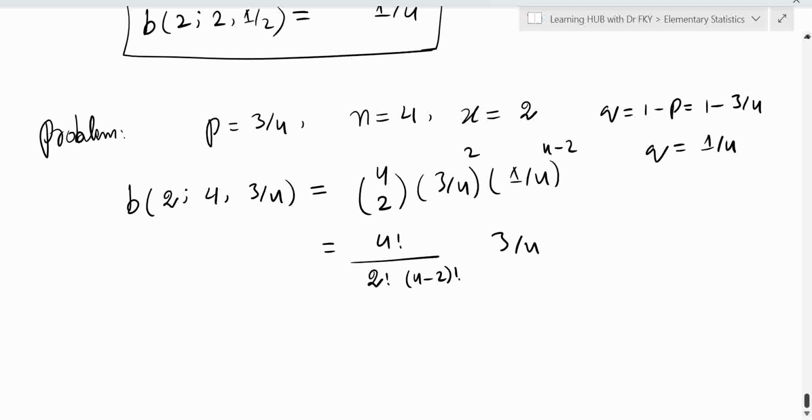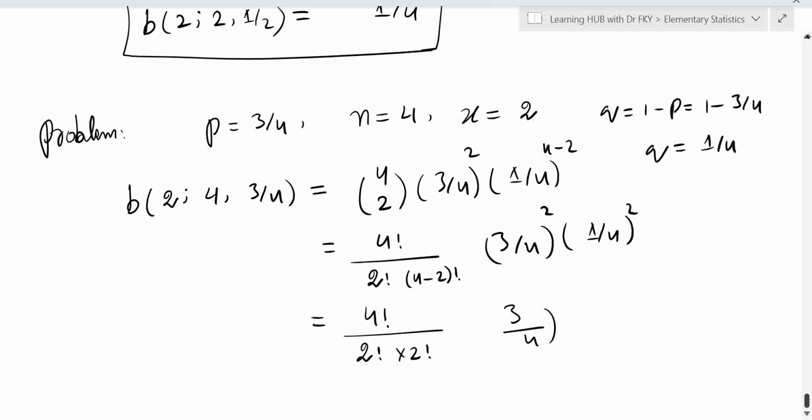3 divided by 4 square to 1 divided by 4 square. So this means 4 pictorial, 2 pictorial into 2 pictorial, and this you can write as 3 divided by 4 square to 1 divided by 4 square.